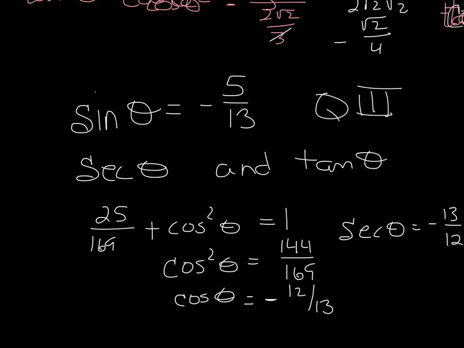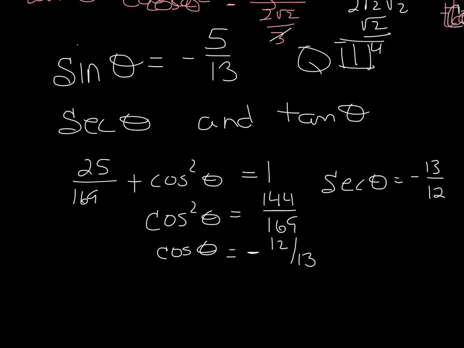And then the tangent. Remember, that's going to be sine over cosine. So what is our tangent going to be, negative or positive? Positive. And what will it be? 5/12, because we'd have negative 5/13 over negative 12/13, and the 13s cancel.